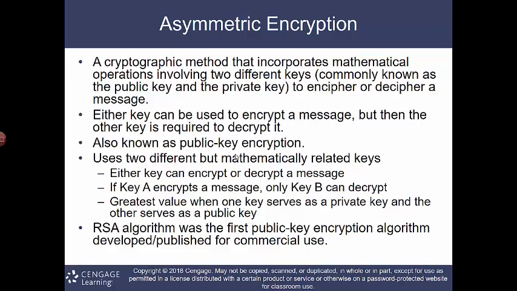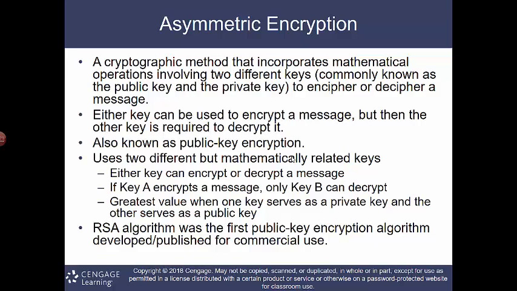In general, what happens with asymmetric encryption is that you have a public key which you can give to anybody and everybody. It can be posted on the internet. It doesn't matter. And that key is what is used to encrypt data to send it to you. Then you have a private key, which nobody else has access to.